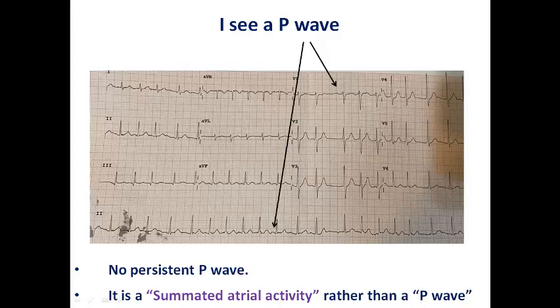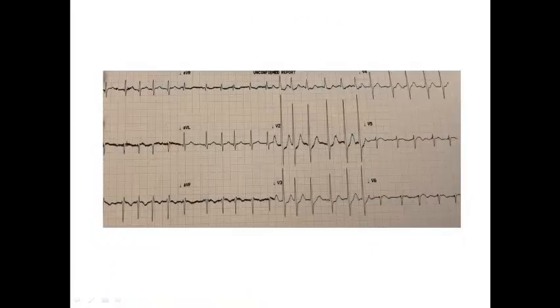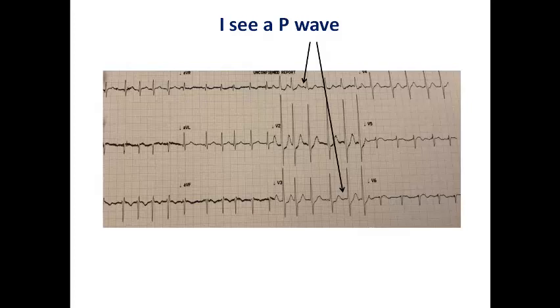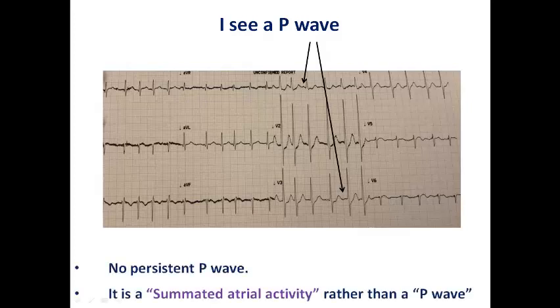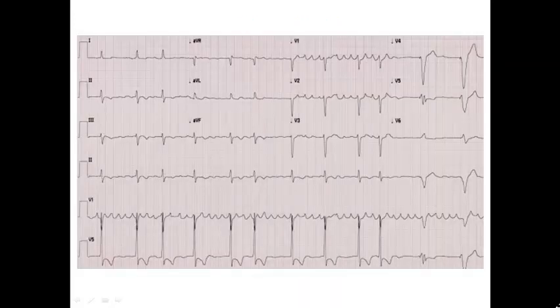No, it is just summated atrial activity rather than a P wave. Here, for example, we may also see what looks like a P wave, but it is just summated atrial activity. So we know this idea in order not to misdiagnose or exclude a patient with atrial fibrillation and omit giving him anticoagulation just because of one wave that seemed like a P wave before the complex.